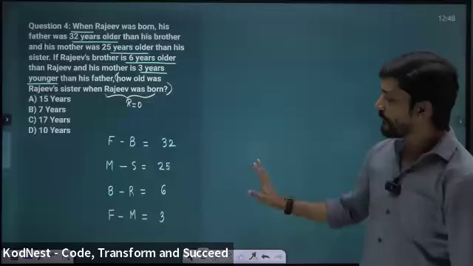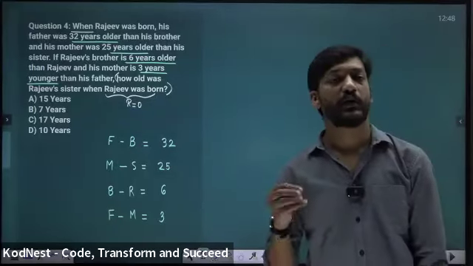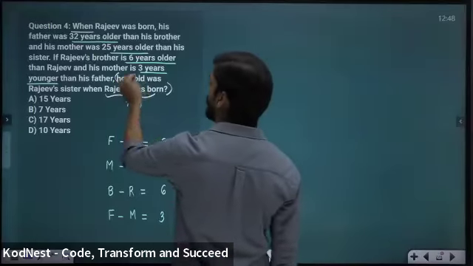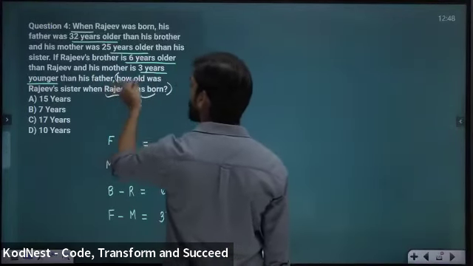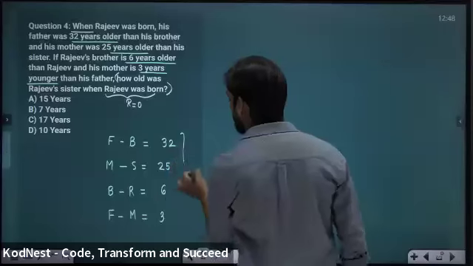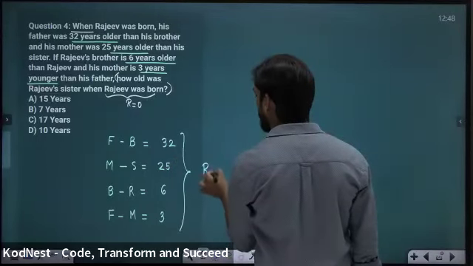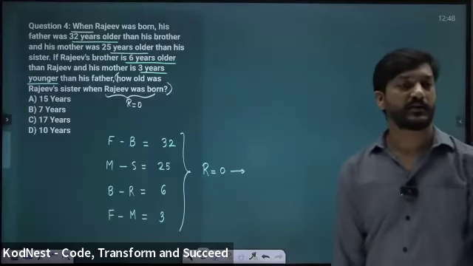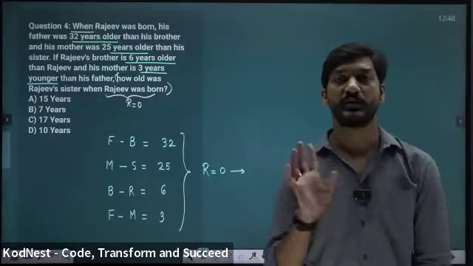All right, so one by one, we have to calculate now what they are asking. The question is, how old was Rajiv's sister when Rajiv was born? When Rajiv was born, Rajiv was 0, yes or not? Carefully answer. Yes, when Rajiv was born, Rajiv was 0.